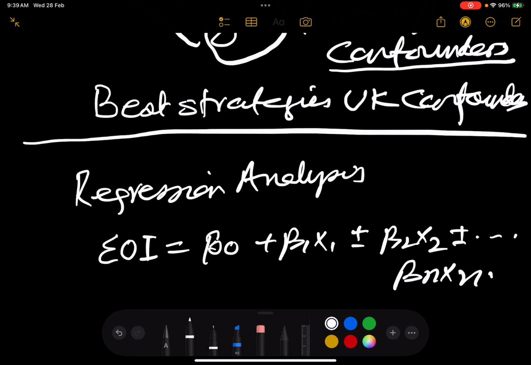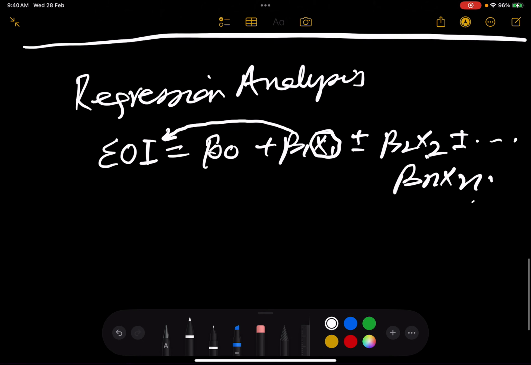So supposing x1 is the treatment variable, conservative or operative. Here the beta ratio is giving you the relationship of x1 to the event of interest, keeping all other factors, x2 to xn, constant. So this is the method of being able to deal with multiple confounding in observational studies.